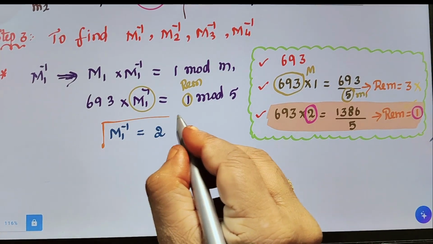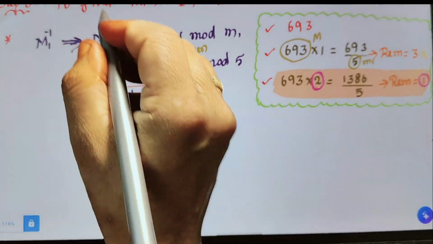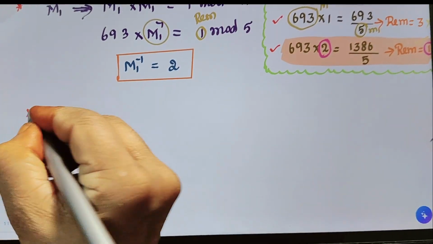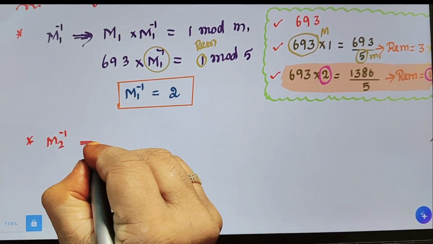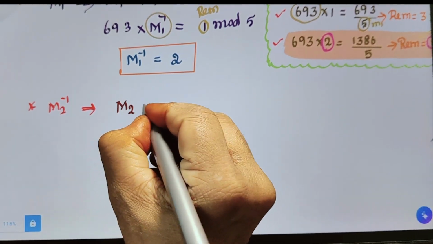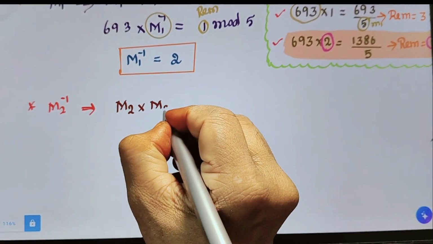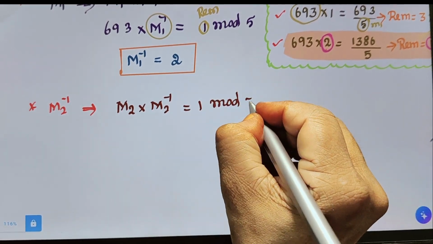Next step, to find the value of M2 inverse. Write the formula: M2 into M2 inverse equal to 1 mod small m2 value, 7.